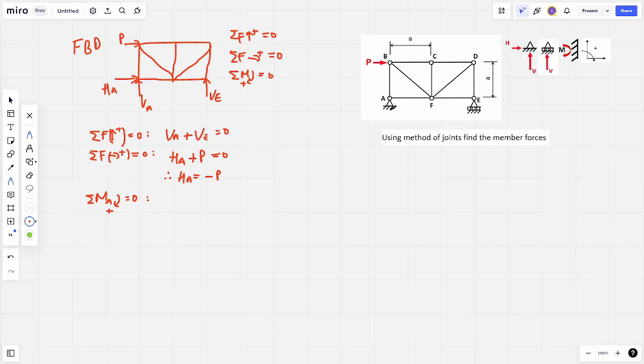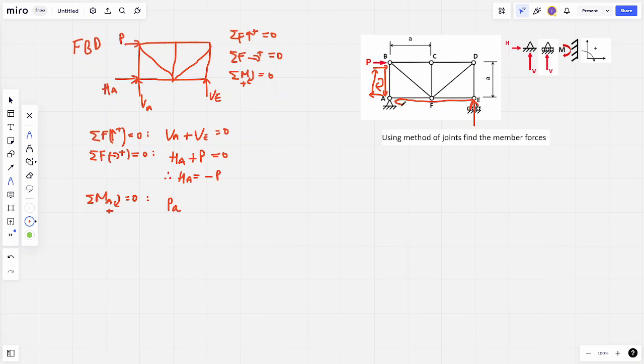Since we're taking moments about point A, we know that force P goes to the right of node B, point A is directly down, so that's to the right, directly down, and if you imagine we're completing this, that's going to be back around, and that loop is clockwise, so that's going to be a positive moment. So we've got P, the force, times the perpendicular distance between B and A, which is A. We've got a vertical force at point E, which is going to be directly up, and point A is directly to the left.